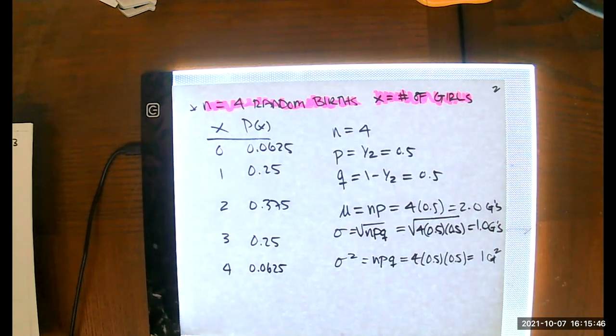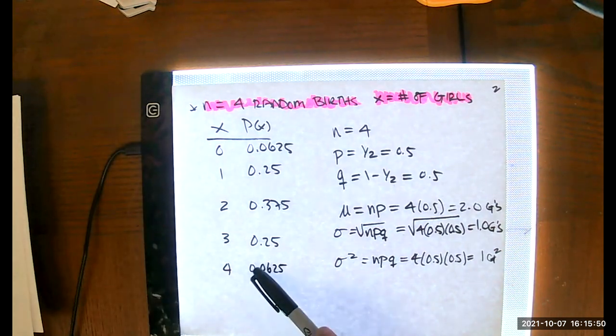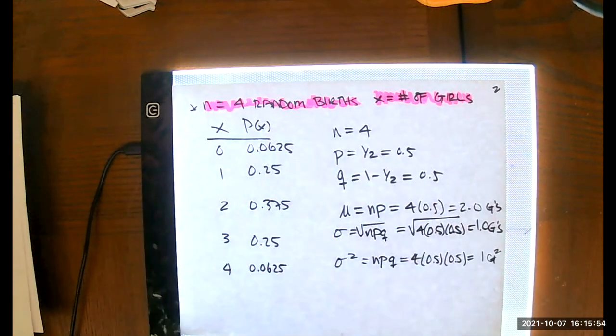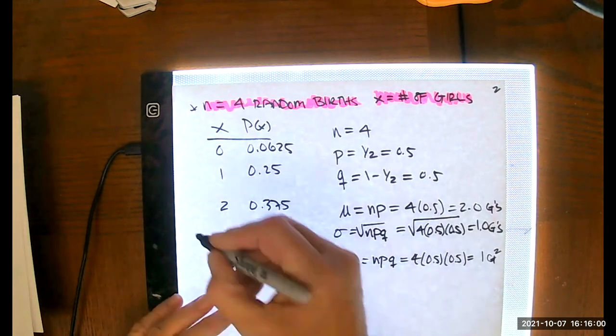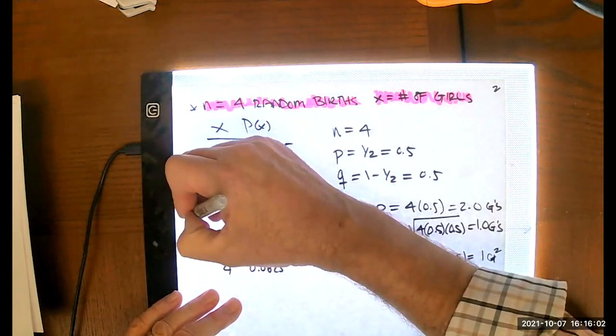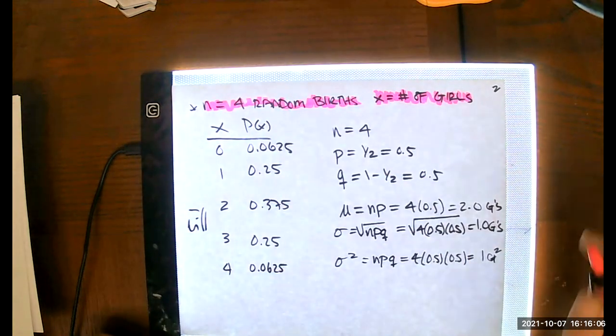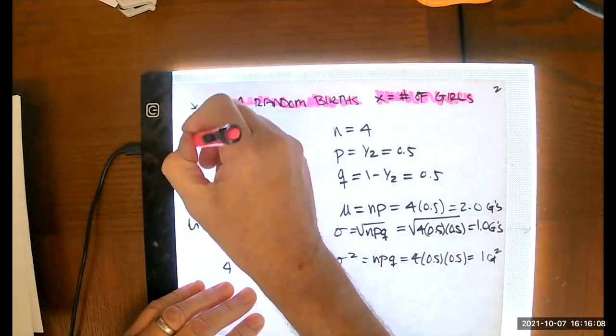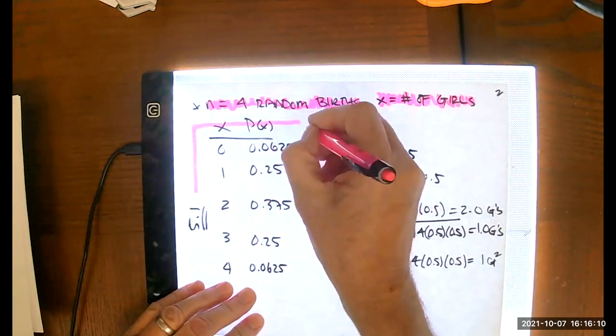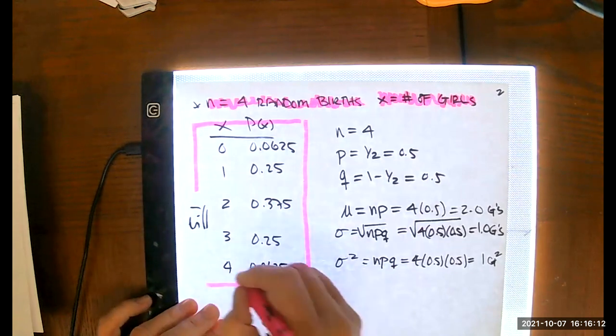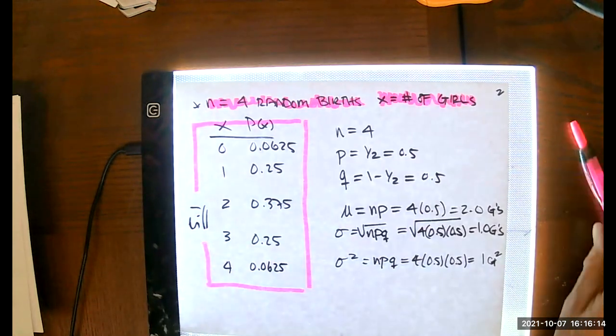I can use my binomial PDF 5 distinctly different times to calculate each one of these, although really there's a lot of symmetry, and that would help me too. So if I am in section 5.1, this is what we have. 5.1 means this is the table that I will put into my calculator.